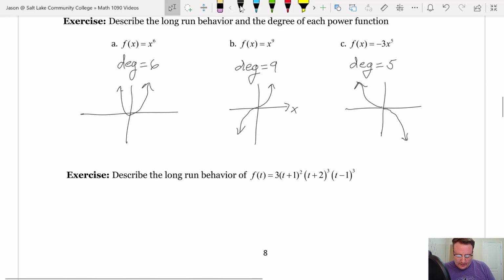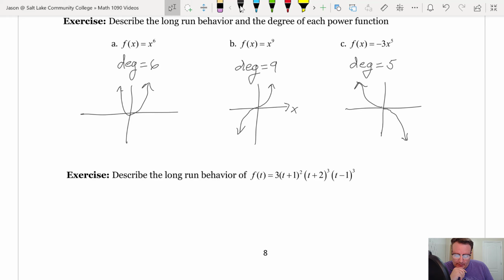Next exercise. Describe the long-run behavior of f of t. Okay, here we have a polynomial function in the variable t given to us in factored form.